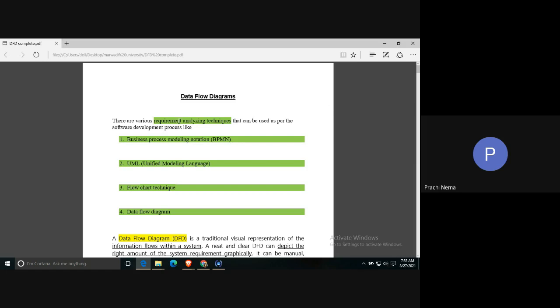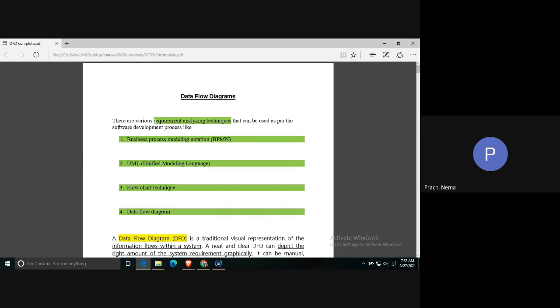The highlighted text here tells you that there are various requirement analysis techniques. What is a requirement analysis technique? See, when we have customers or users for which we are making our project or software, they have certain requirements, and according to their requirements we make our project.